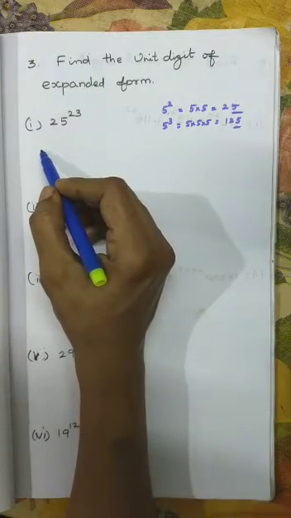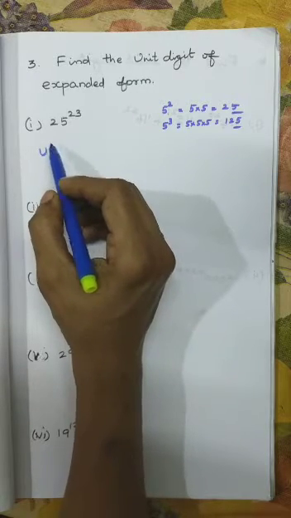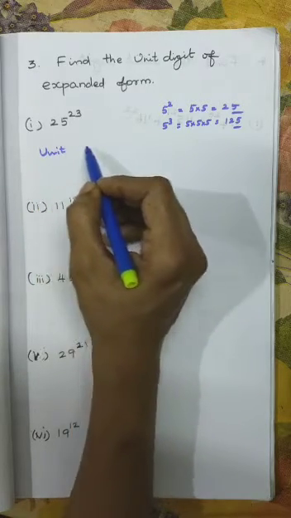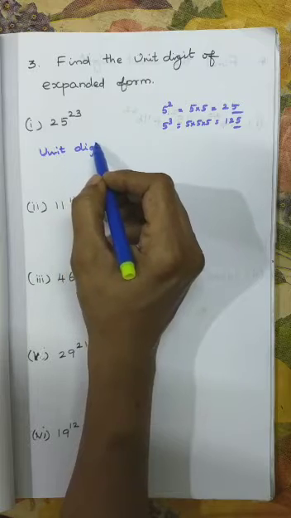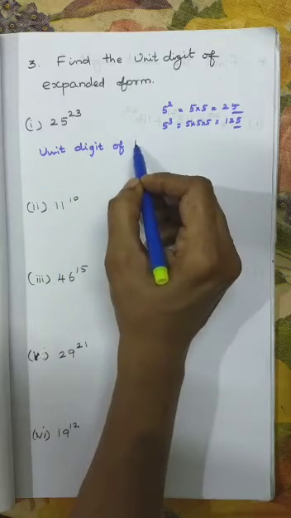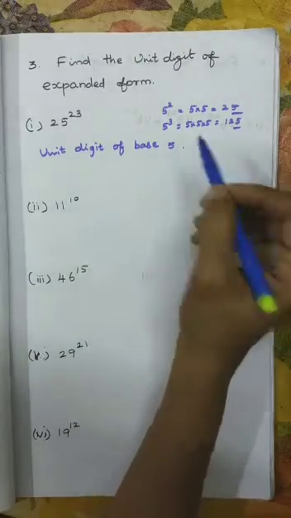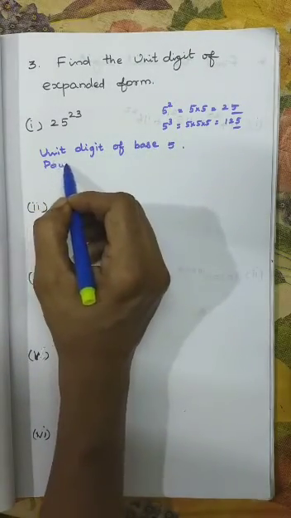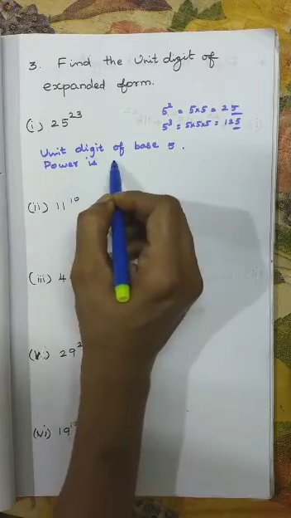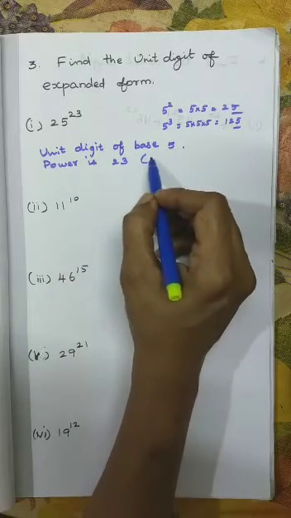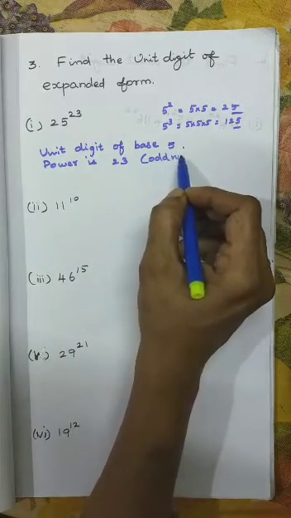So the units digit of the base is 5, isn't it? Then the power is 23, an odd number.